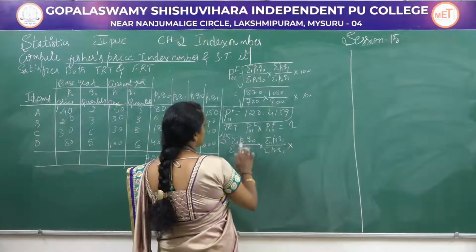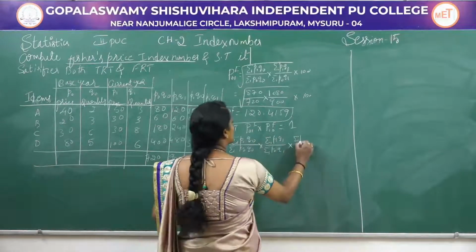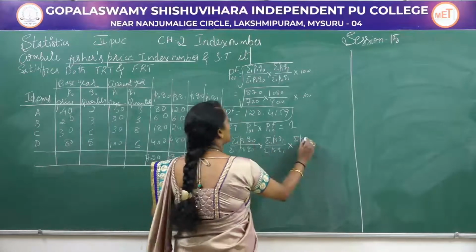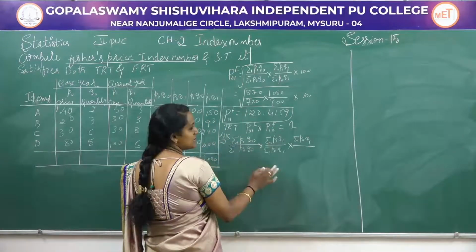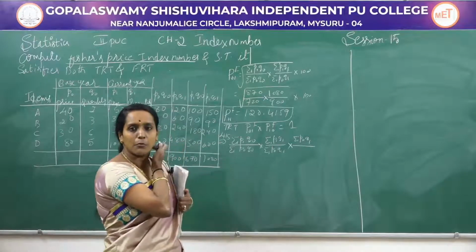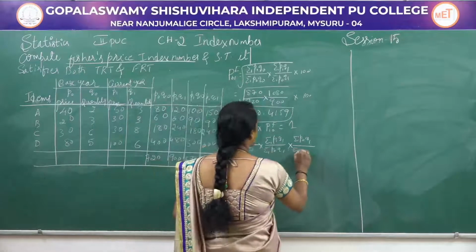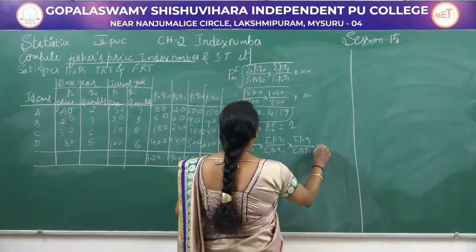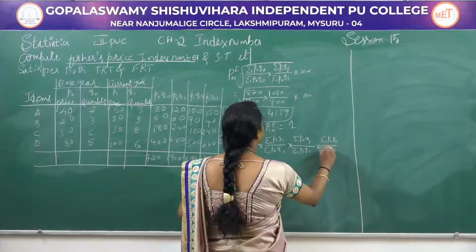Again I am reversing the time for this. Instead of P1 I will write P0, instead of Q0 I will write Q1, and similarly I will reverse all the times. Instead of 0 I will write 1, instead of 1 I will write 0. So I am reversing the time, that is P1 Q1 into summation of P0 Q0 by summation of P1 Q0.